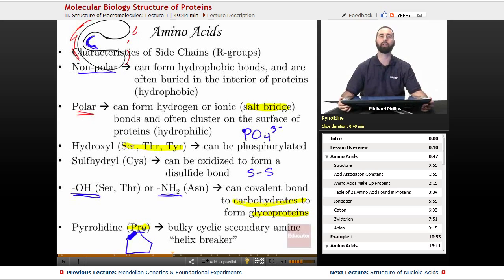Now this is what we call a helix breaker. Prolines are not found in helices because this is too bulky, it's too big to be formed properly in a nice helix. So often they are found at turns, all right, because they help with a U-turn type characteristic.